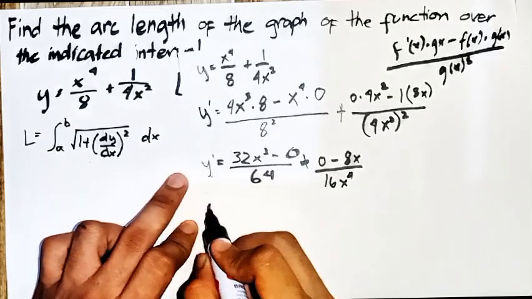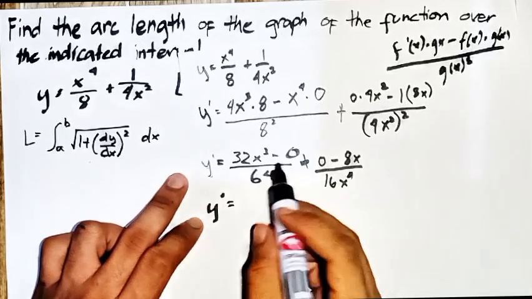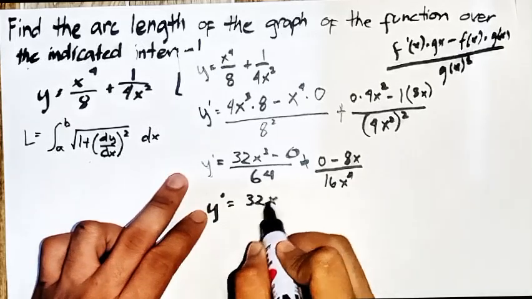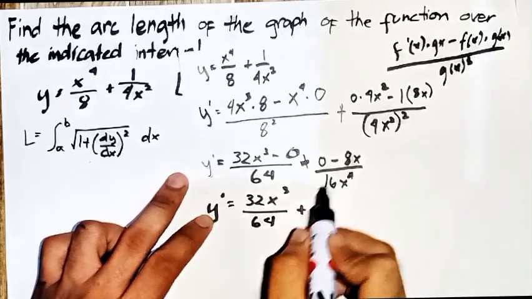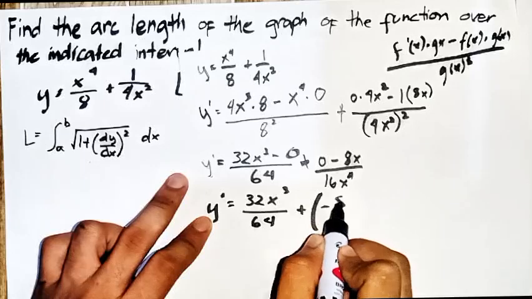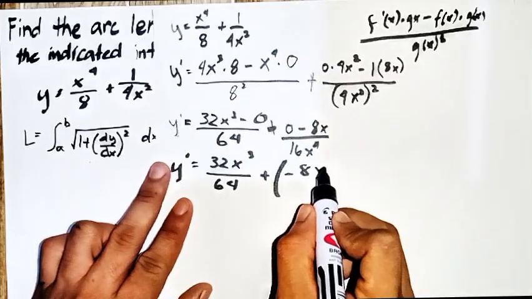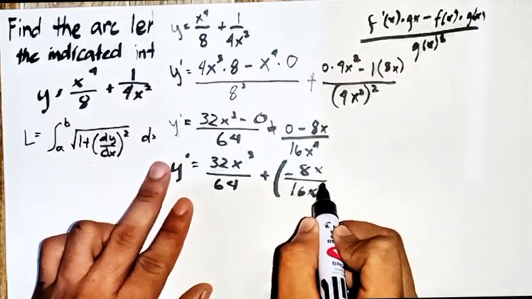Now simplify again. So 32x cubed minus 0, which is 32x cubed over 64, plus 0 minus 8x, which is negative 8x, over 16x to the fourth.